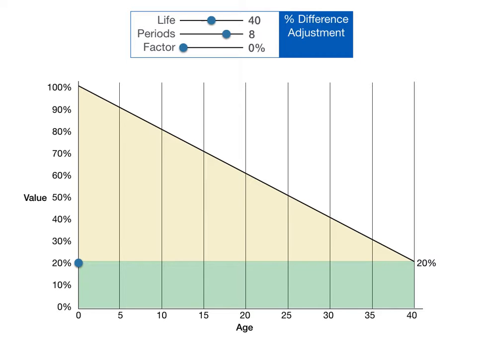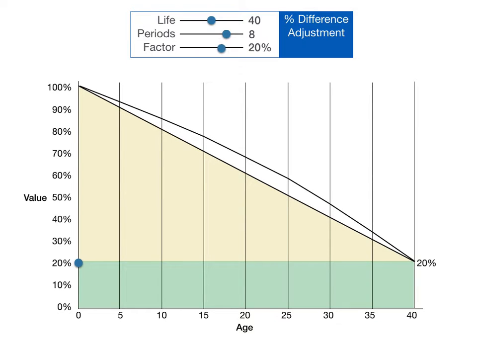The way that we adjust for that is the factor slider. If we move that factor up to 10%, it recalculates each one of those depreciation factors for those 5-year periods and makes the adjustment.